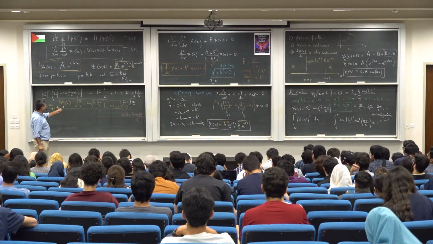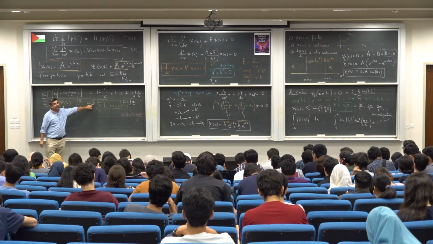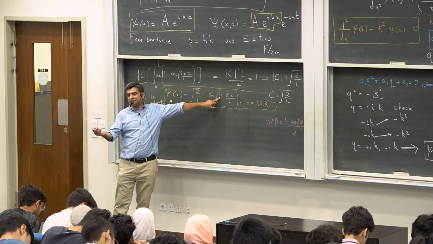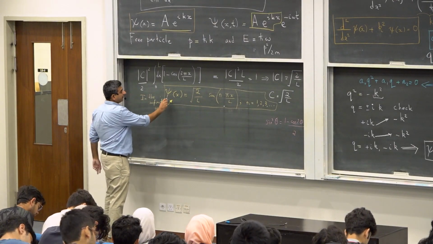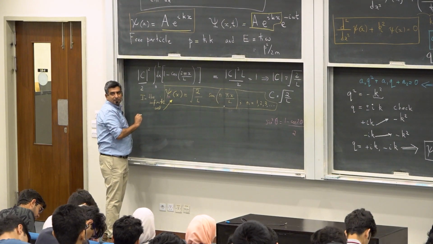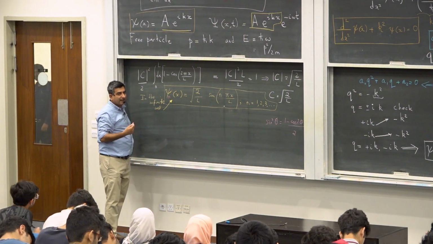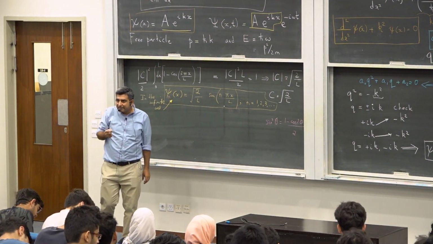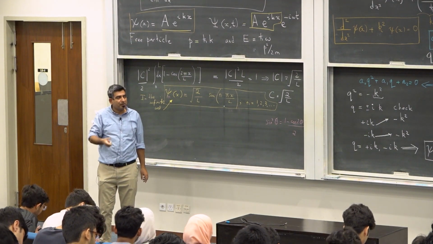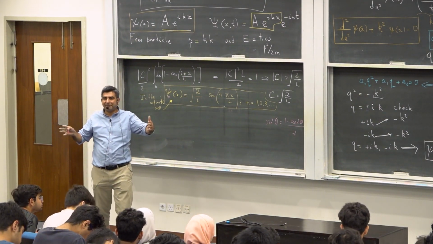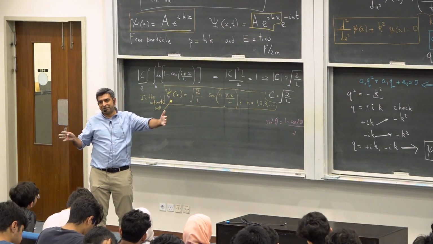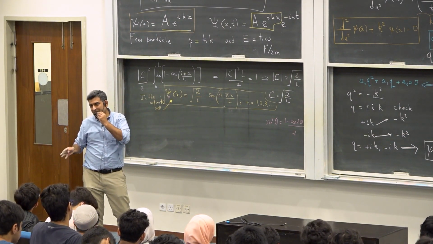Now, the wave function changes with n. So I can put a small n here. The wave function depends upon n. N is not a variable, n is another number that's just popping out of this property of the wave function, that it has to be continuous.